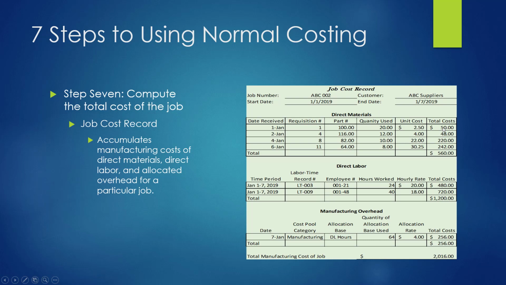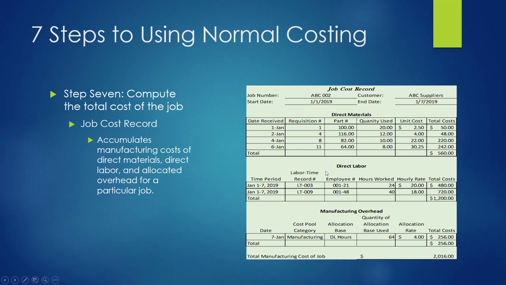Well, it takes more than just lumber to build a shed, so you would have things like shingles, plywood, etc. Let's imagine that's what all these other requisitions are to get all the materials. In total, job ABC002 required us to requisition $560 worth of materials out of storage. That's going to be the direct material cost component of this job.